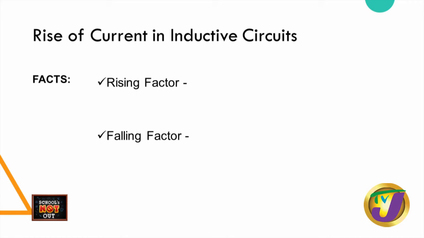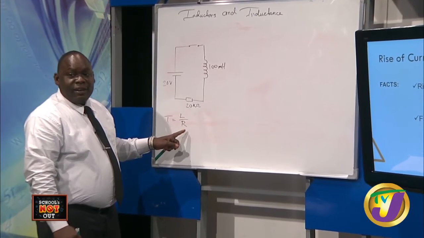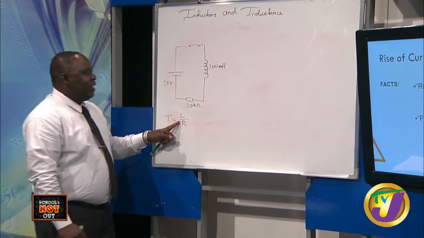All right. So I hope you're coming up with it, students. Remember the formula that you're using. For your time constant, tau is equal to L over R. Now, let us look at our board together. Your time constant tau is equal to L over R. Now, what is your L?